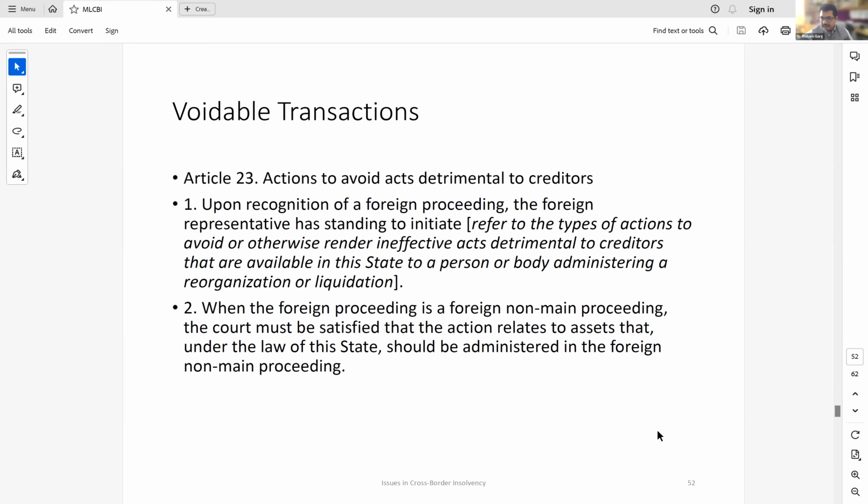Then we have these PUFE transactions, avoidable transactions, the preferential transactions. So what will happen in case of these avoidable transactions, the transactions which can be avoided?